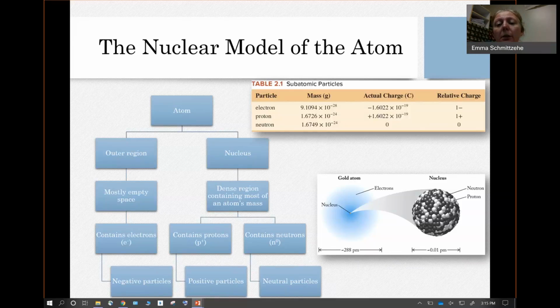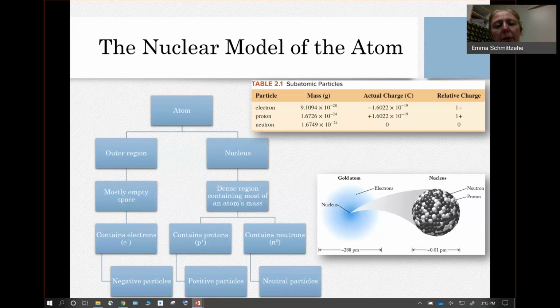Now, some other specifics about electrons, protons, and neutrons are given in this table. It's not something you typically have to memorize. We have the masses of the electron, proton, and neutron measured relatively accurately, and you can get more decimal places from other resources.